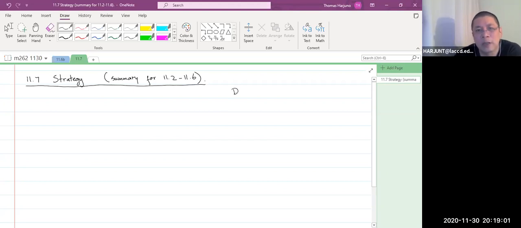Let's see what we learned. We have the divergence test. Divergence theorem, I think we called it, or divergence test. I'll call it divergence test. We have comparison tests. Limit comparison tests.